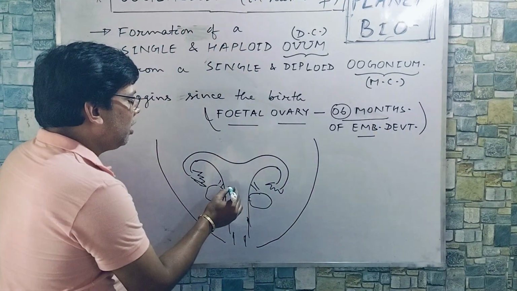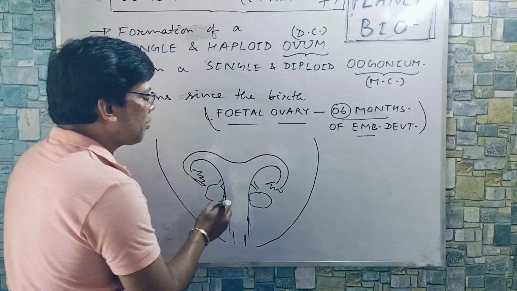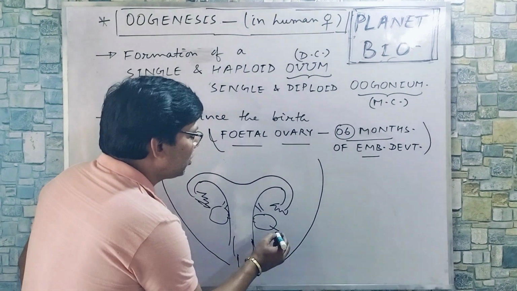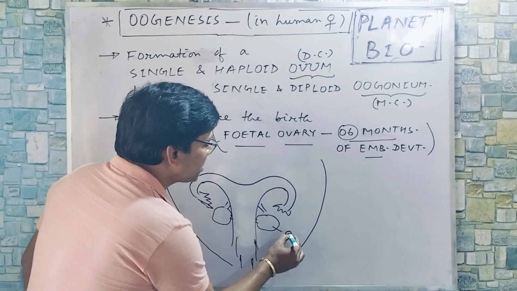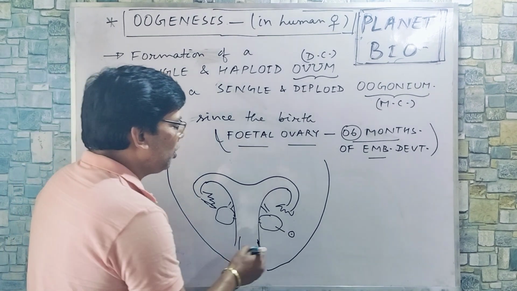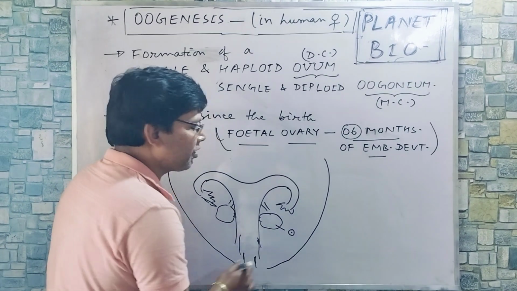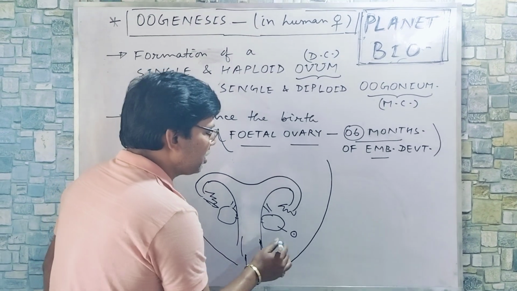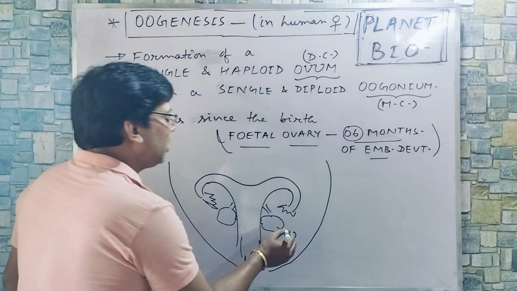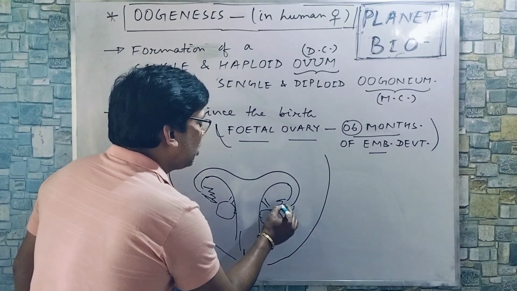So here you can see what happens actually. From the ovary an ovum is released in the abdominal cavity first, in the body cavity first. This is in the secondary oocyte stage, and then it floats.